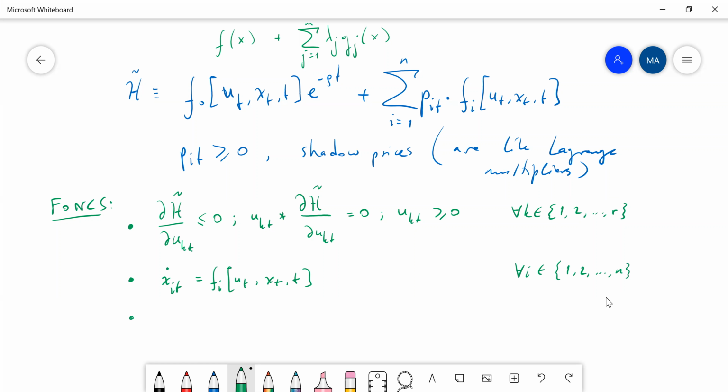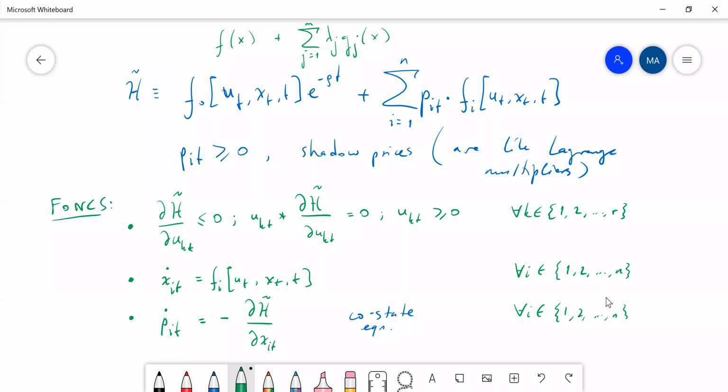Then, for each p, you have this. This is called the co-state equation, and again, this must be true for all i. I will explain each of them in a moment. Just don't worry.